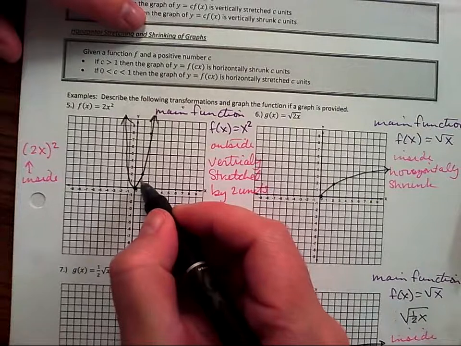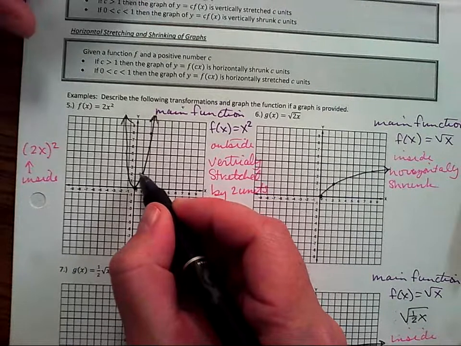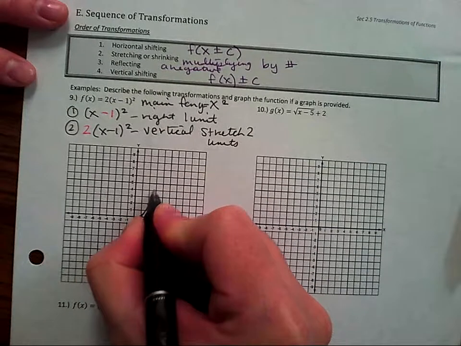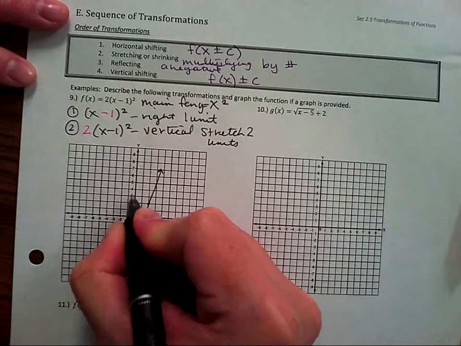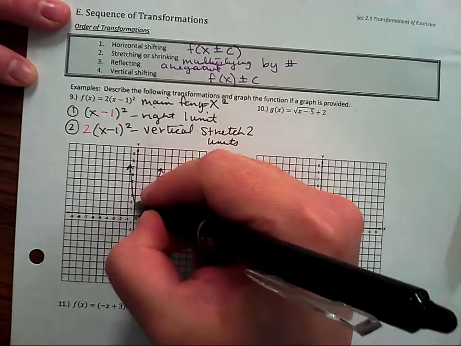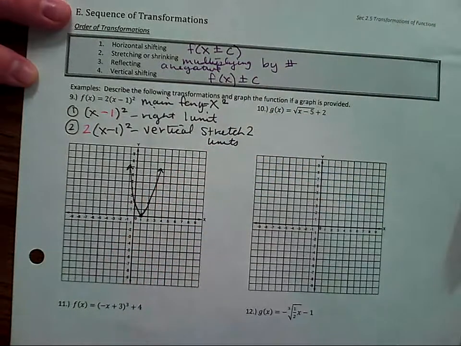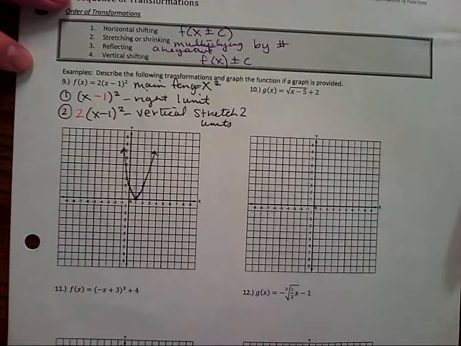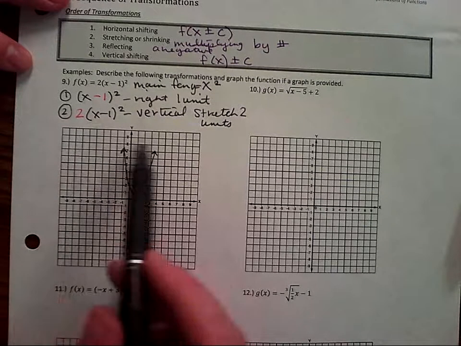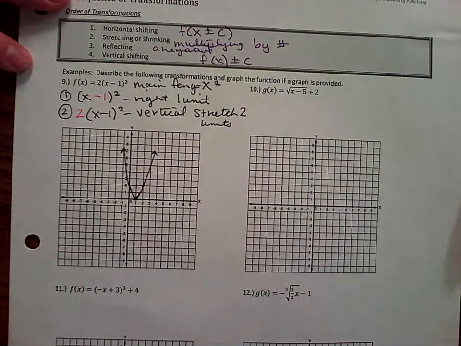We said that if I had this point 1, 1 on my regular graph, it went up by a multiple of 2, right? So let's do that. So that's how it should look. So that's the graph. So notice I'm showing at least 2 points on my graph, just to verify that it's correct. But I'm also describing what happens to it.